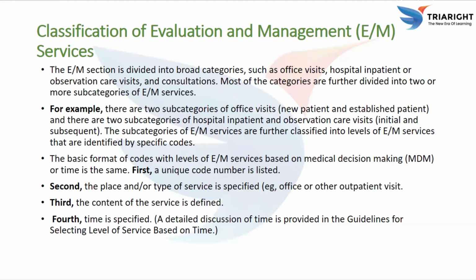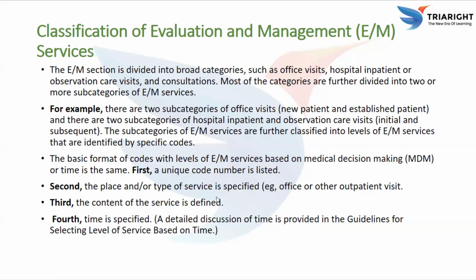And what is the standard format of an E&M code description? Every E&M CPT code follows a predictable structure, which is broken into four parts. First, the code number, for example 99214, which identifies a specific level of service.